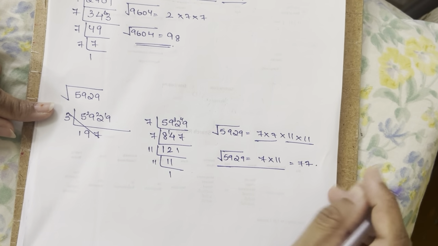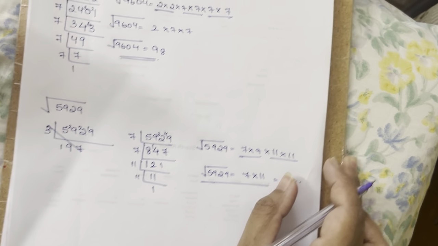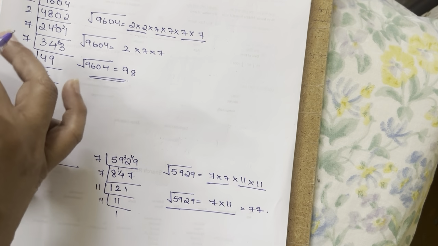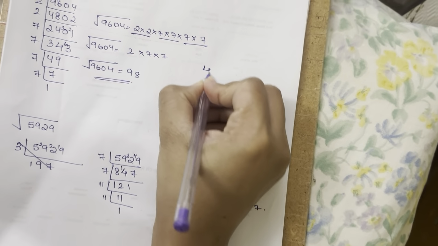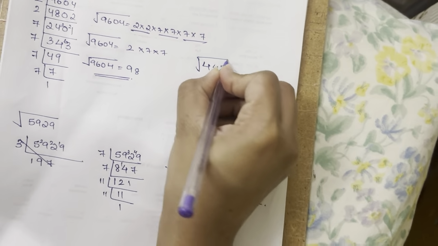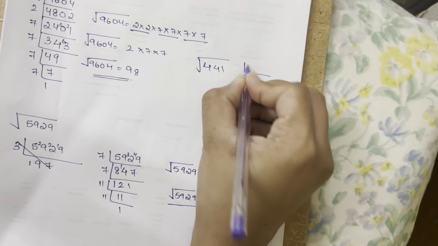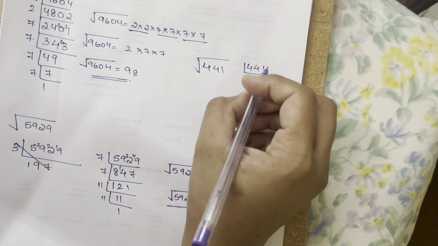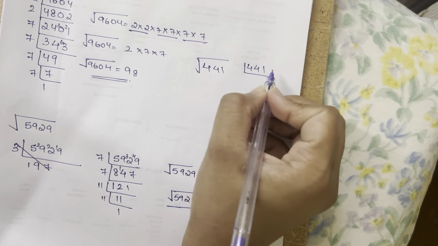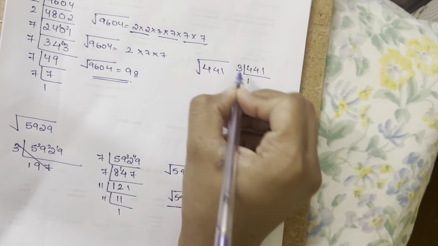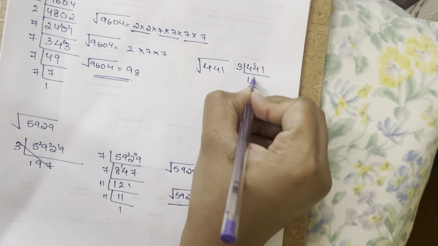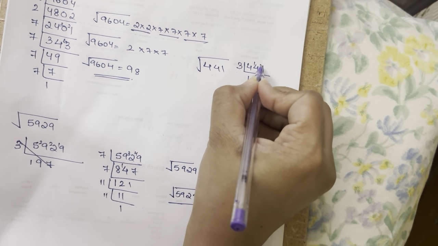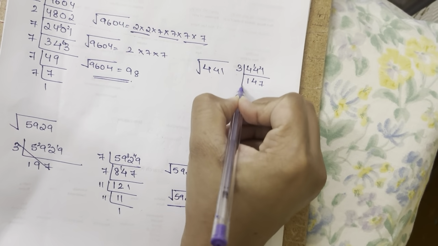Now let's take another number, 441, and see if it is a perfect square or not. Root of 441. Let's try doing it by the 3 times table. 3 1s are 3, then 3 4s are 12, and 3 7s are 21, so I get 147.